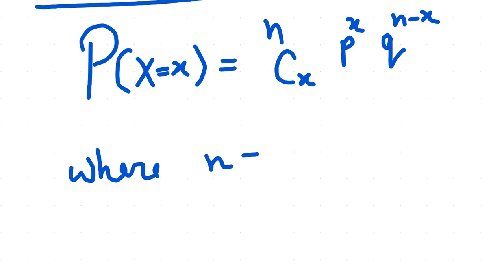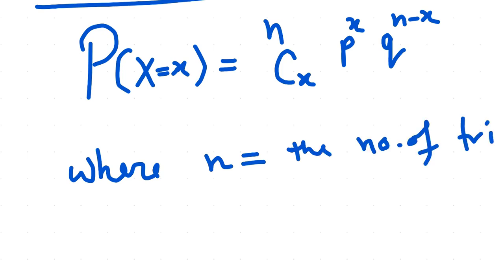Like if we need to find, if a coin is tossed 1,000 times, then we can say there are 1,000 trials, or 1,000 experiments also, where n is the number of trials or experiments.